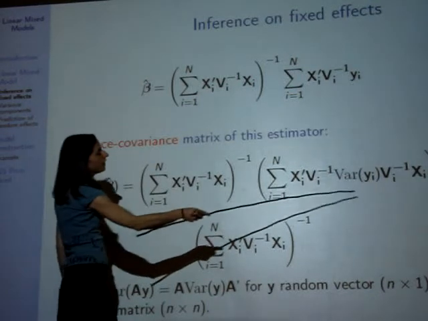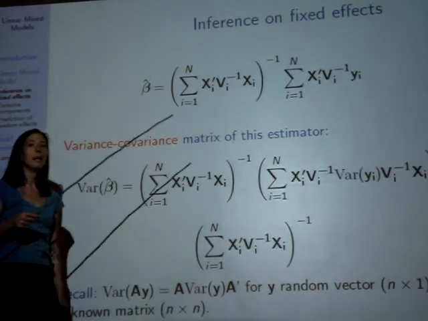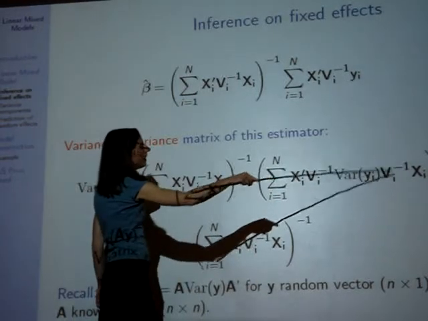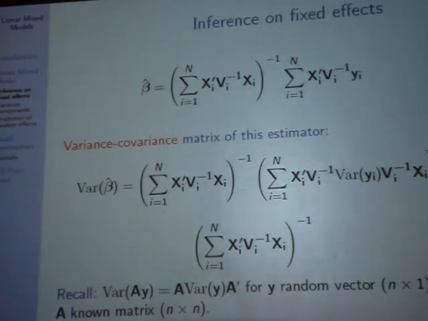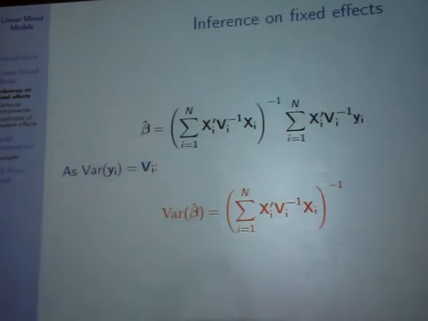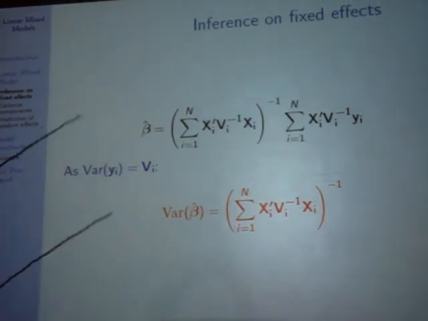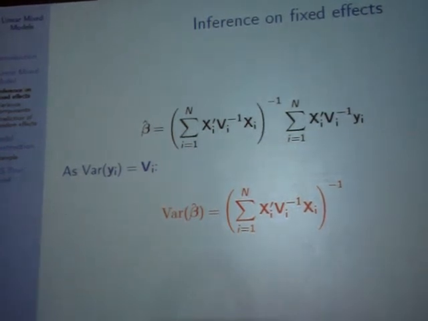And the variance of the observations yi is equal to matrix vi. You can see that in this expression, this term and this term cancel out. So in total, we get that the variance of beta hat is equal to x prime v minus 1 x to the minus 1. That's how you obtain the variance of the fixed effect estimator.